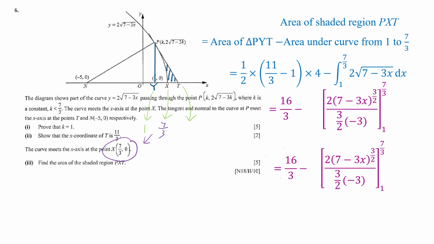And the x coordinate for point T is 11/3, found in part 2. All right, so with all these x coordinates, we're able to find what we need.